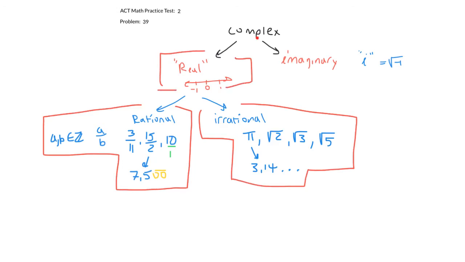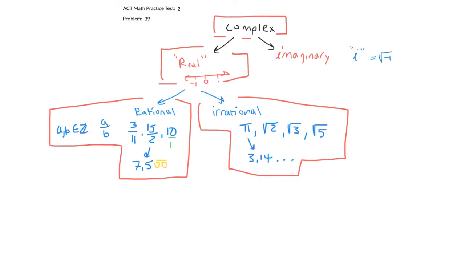So once again, complex, real, which splits apart into rational or irrational. Okay, and then when it comes to rational numbers, well, that's either, I'll just say integers or non-integers.